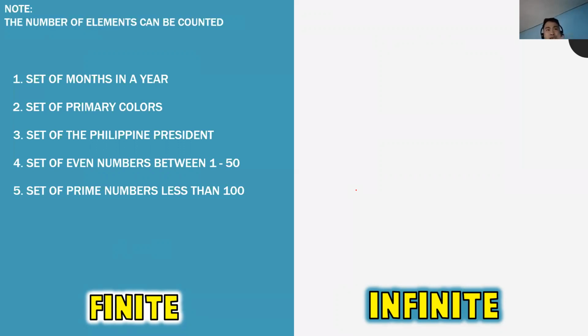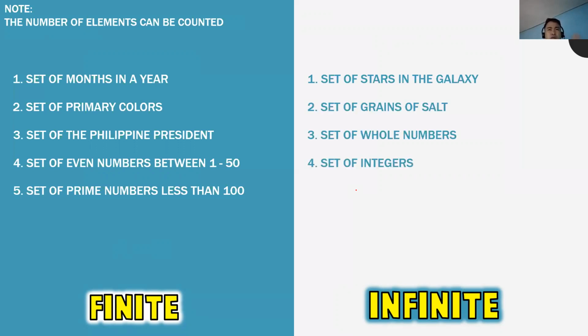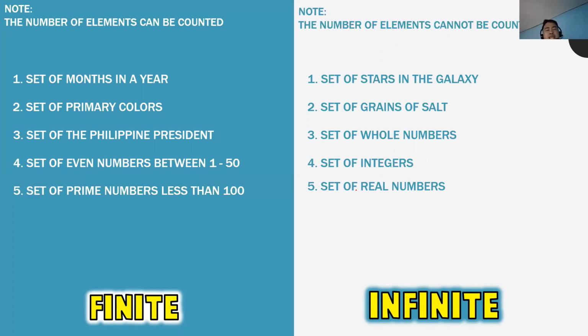Kaya mong bilangin kasi set of months in a year, 12, mga ganong bagay. Now, when we say infinite, ito yung mga examples. Set of stars in the galaxy, set of grains of salt, set of whole numbers, set of integers, set of real numbers. Lahat ng mga binibigay po ay mga hindi mo kayang bilangin yung mga element. Okay? Next. So, the number of elements cannot be counted in infinite.